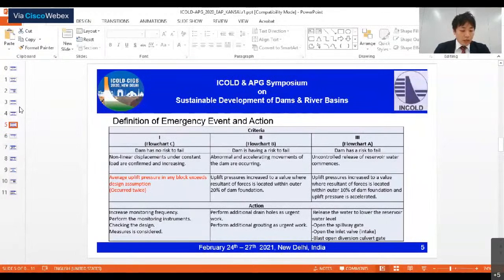The items to be monitored and their frequency are determined along with the period convergence of dam behavior, and dam behavior is monitored and evaluated by the NNP1 staff daily.